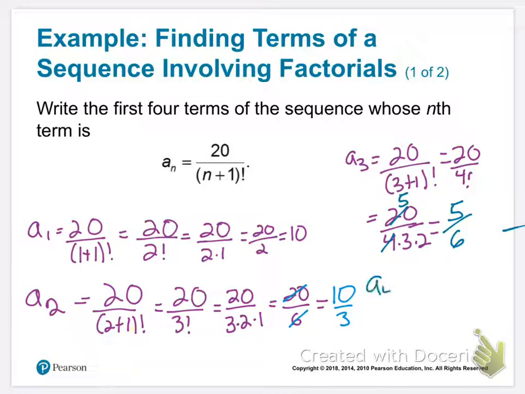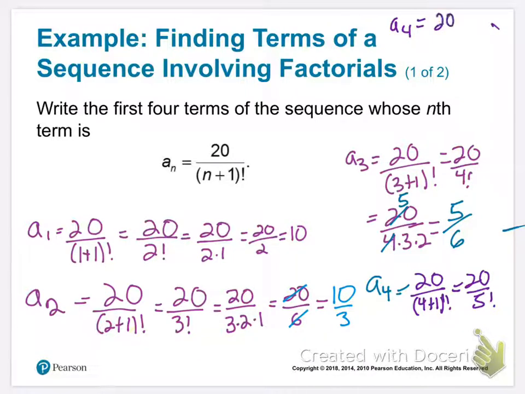And then a sub 4 is going to be 20 over 4 plus 1 factorial. So we know that's 20 over 5 factorial. I'm worried you won't be able to see this, so I'm going to bring it back up here. A sub 4 continued.